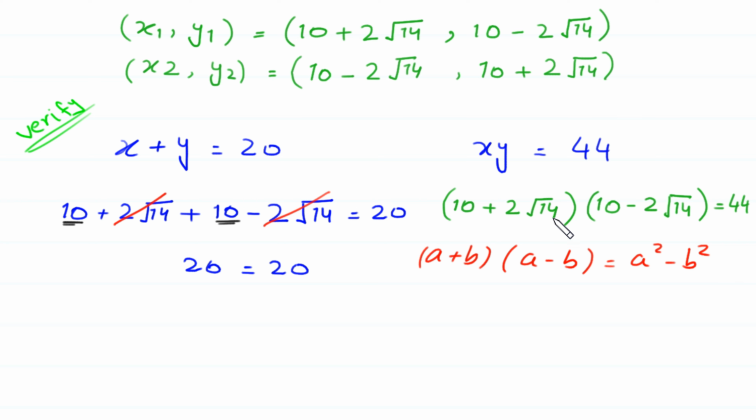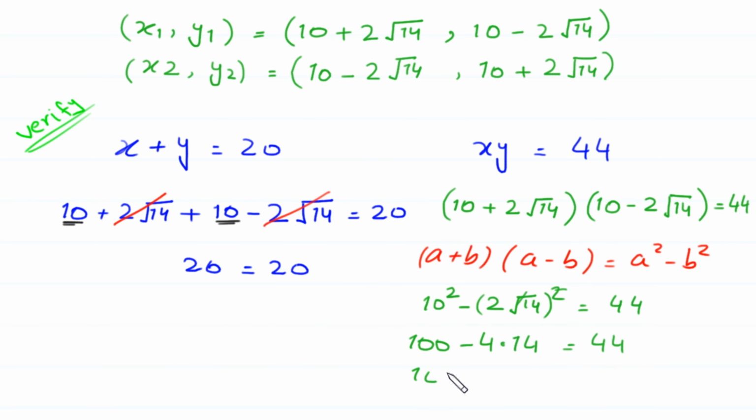This is equal to 10 square minus 2 times square root of 14 square, equal to 44. 10 square is 100, minus 2 square is 4, times this square will be cancelled with the square root, and here 14 is left, equal to 44.